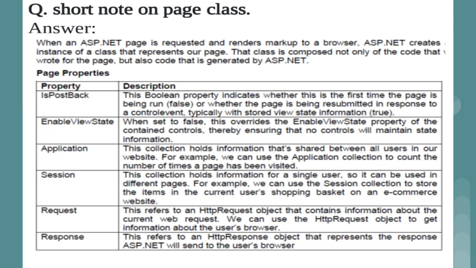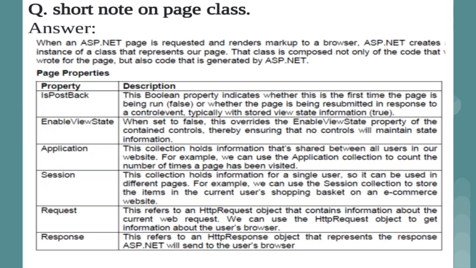This is one of the properties of the Page class which returns a boolean value, meaning it gives us the answer as true or false. Basically this property indicates whether the page is run for the first time or it is resubmitted. Sometimes we write some part of the code, then we see whether it is working properly or not.